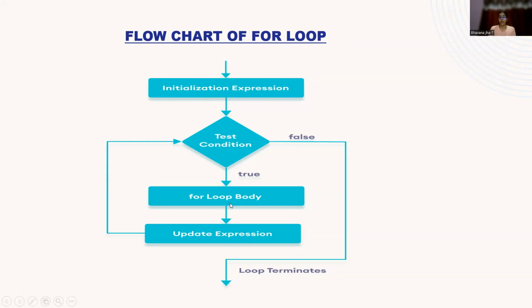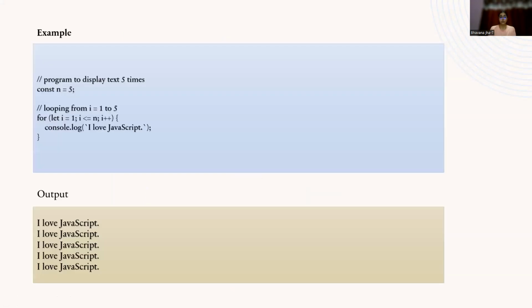For example, if we have the condition i is less than or equal to 5 and it is true, then the increment or decrement will be applied. And if the condition is false, then we come out of this loop. Our loop gets terminated.